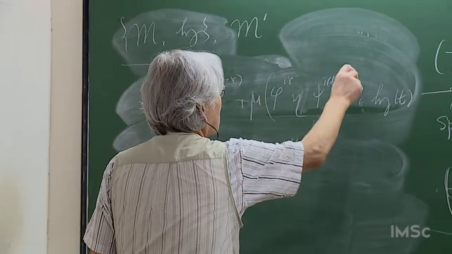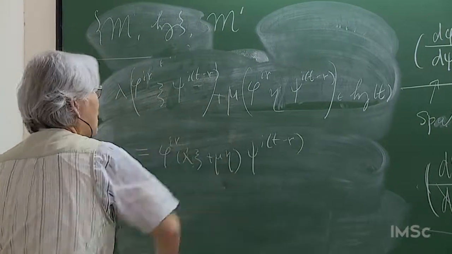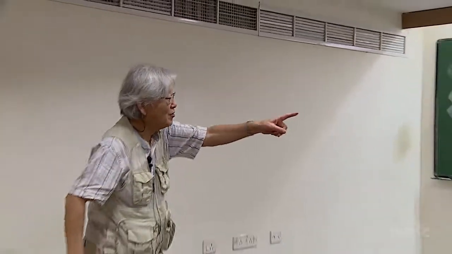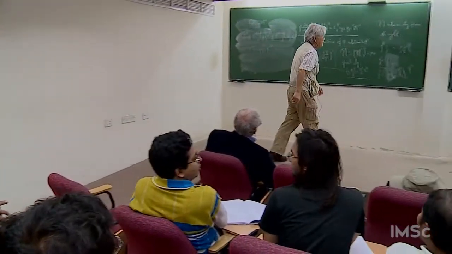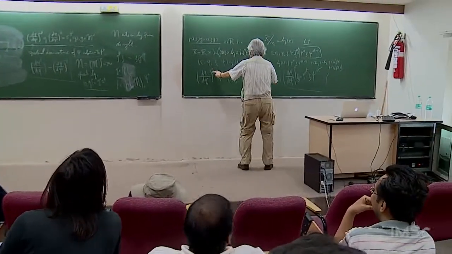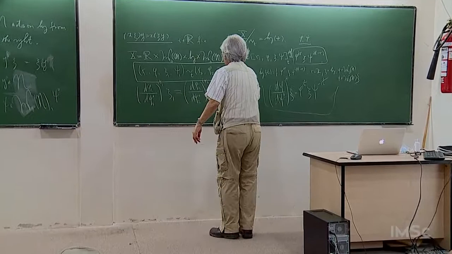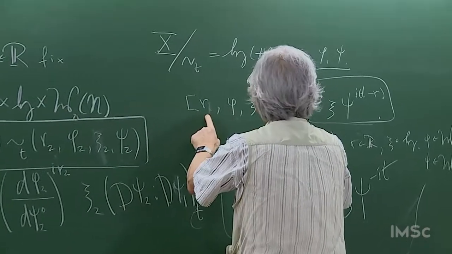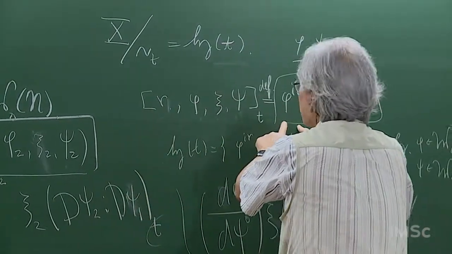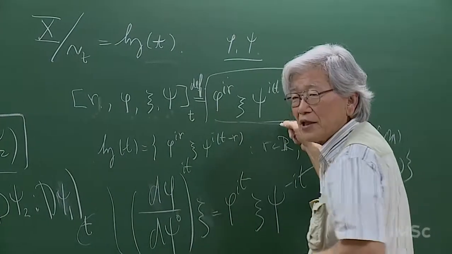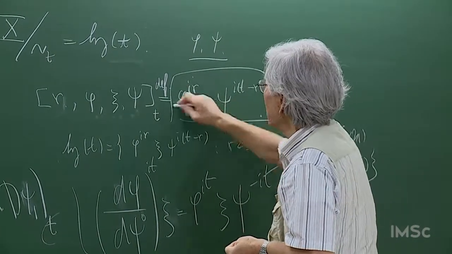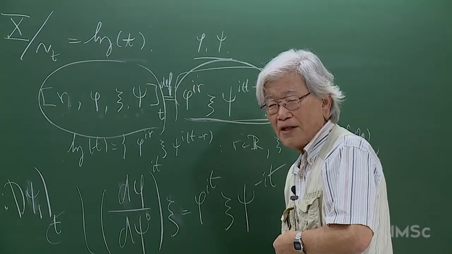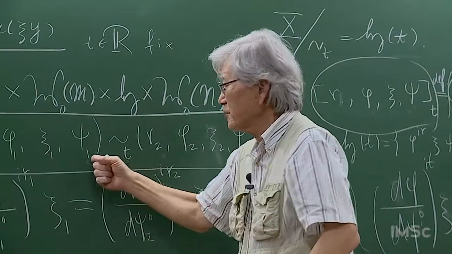But should it be like R1? Well, remember that the equivalence relation is given by R1 and R2. But when you have R fixed, this is by definition phi to the power r, psi to the t minus r. This is our definition. So R1, R2 mean those are the key.